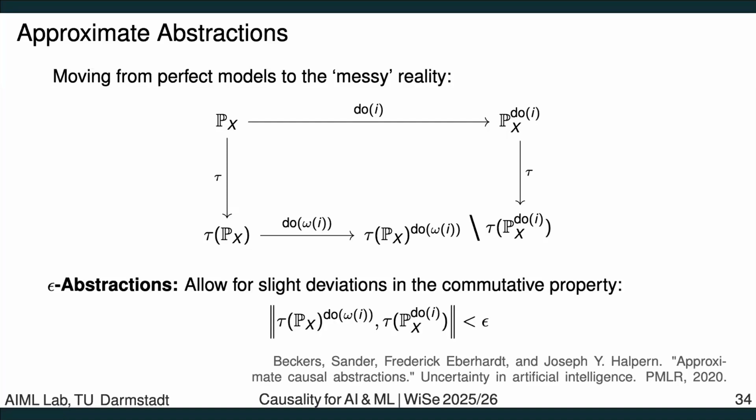In practice we say, okay, as long as we are roughly in the same range, so that both of these paths, first intervening then abstracting, or first abstracting then intervening, somehow get us to the same value up to some error, then we are fine with that.